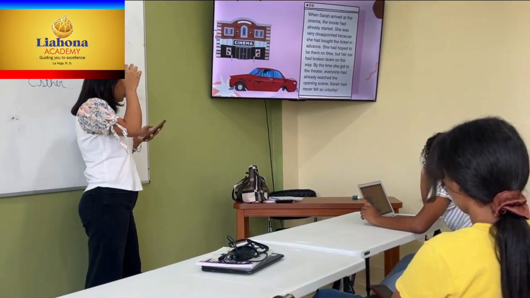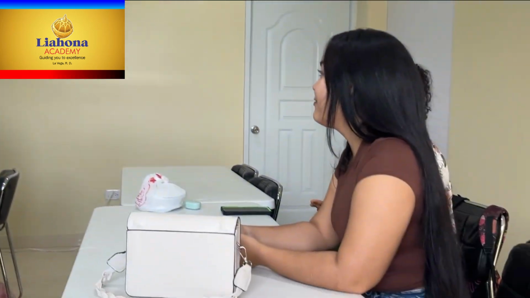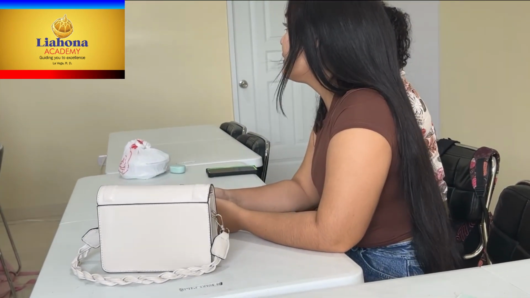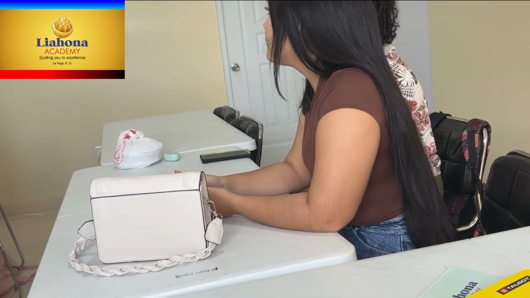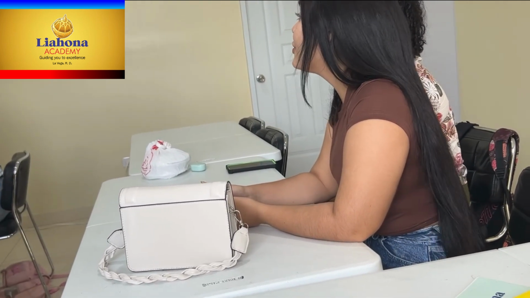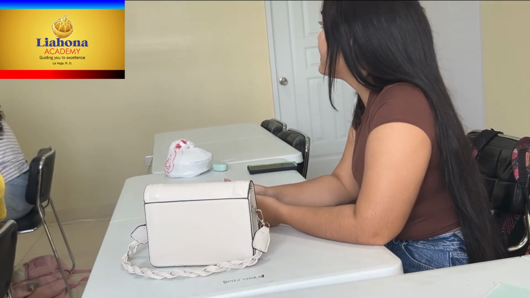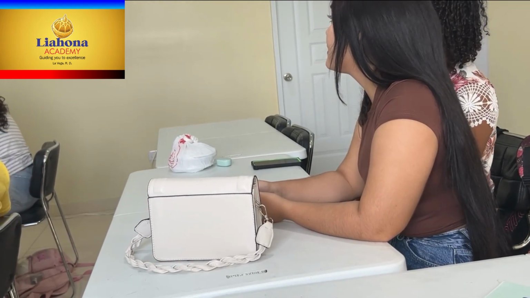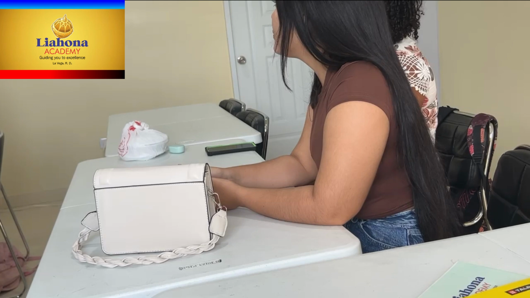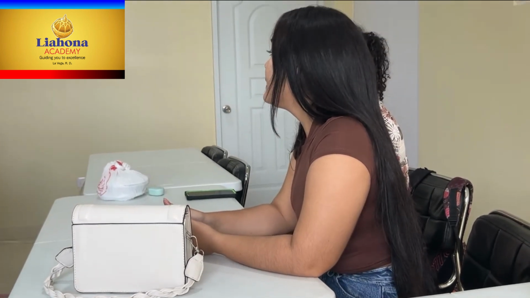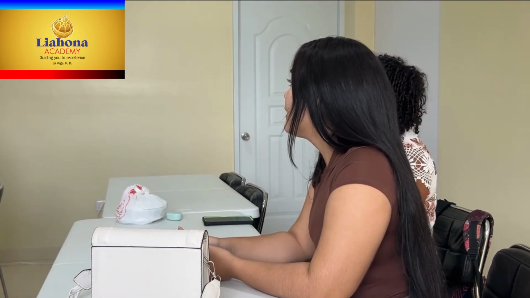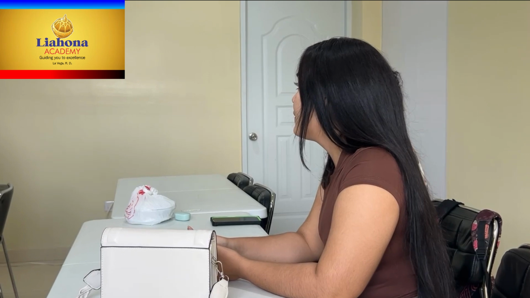When Sarah arrived at the cinema, the movie had already started. She was very disappointed because she had bought the ticket in advance. She had hoped to be there on time, but her car had broken down on the way.